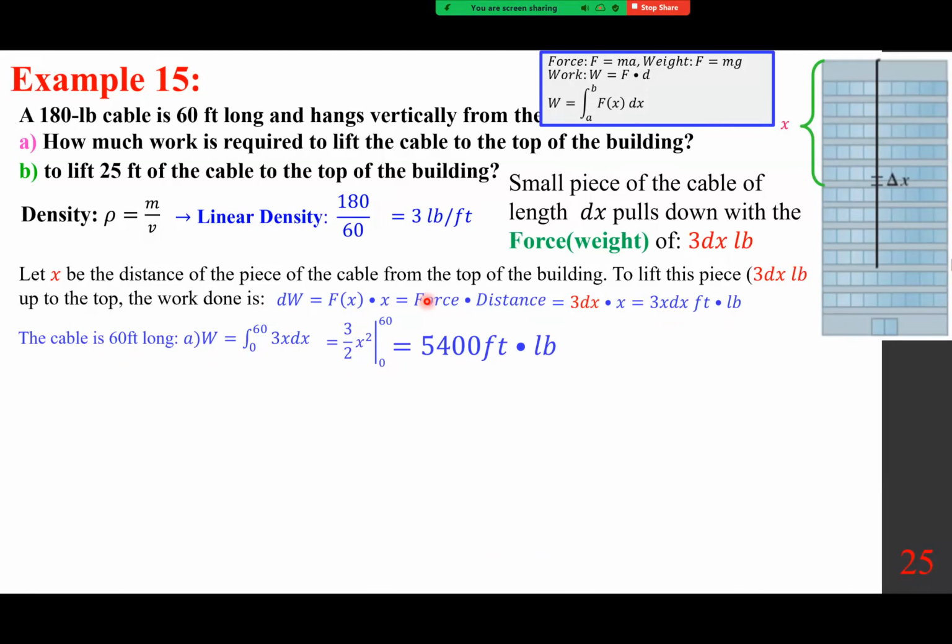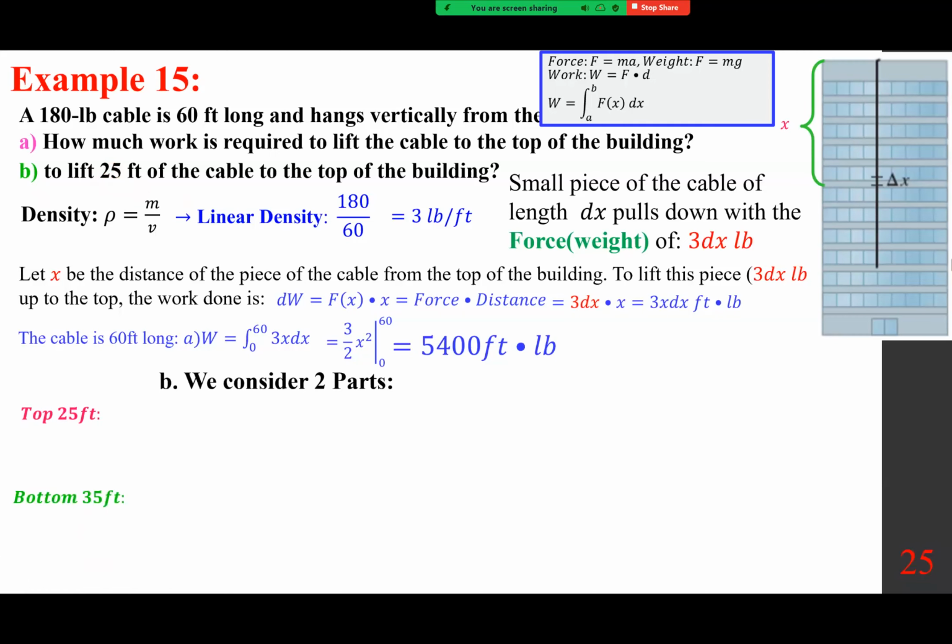Now, what happens to part B? We are going to lift only 25 feet. So we consider two parts. The top 25 feet and the bottom 60 minus 25. The bottom is 60 minus 25 or 35 feet.